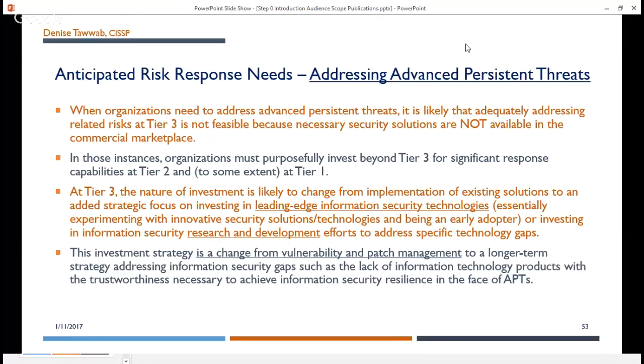This investment strategy is a change from vulnerability and patch management to a longer-term strategy addressing information security gaps, such as the lack of information technology products with the trustworthiness necessary to achieve information security resilience in the face of advanced persistent threats. So basically, you're not just doing patch management and vulnerability management. You're looking ahead and you're addressing what's coming down the wire.